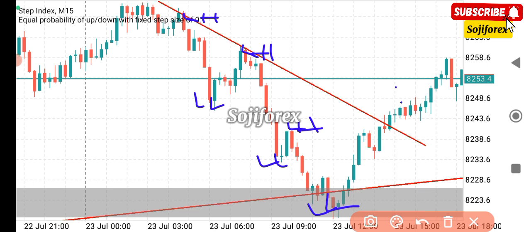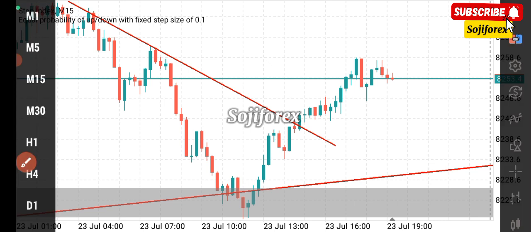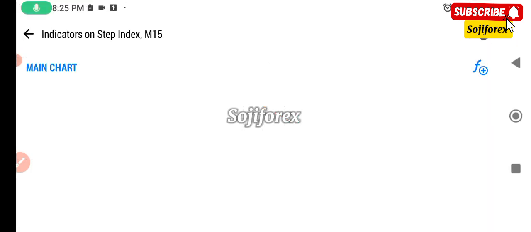But on the higher time frame, that is not the case. So you see now here we have a break of structure, price went, it retest, and it now continue to the upside. So let's put our indicator and see how we can use indicator to find our entries.